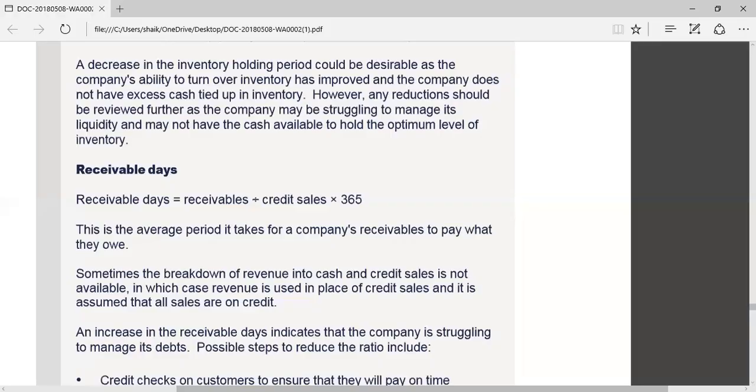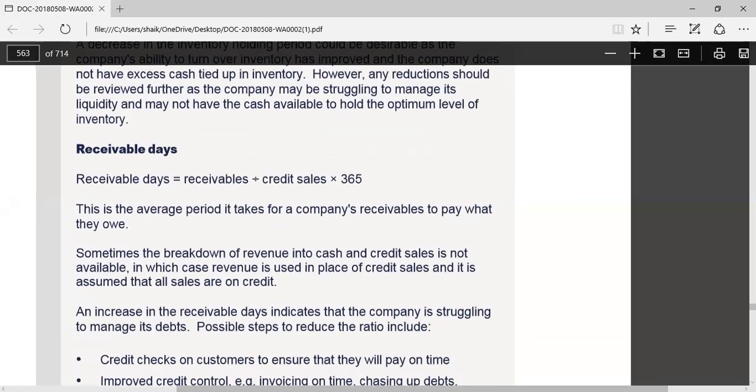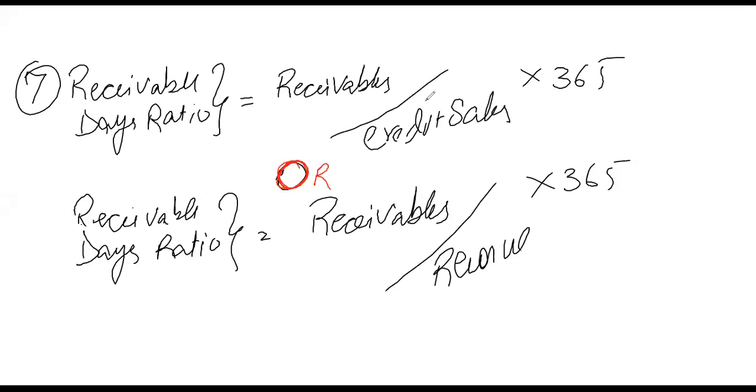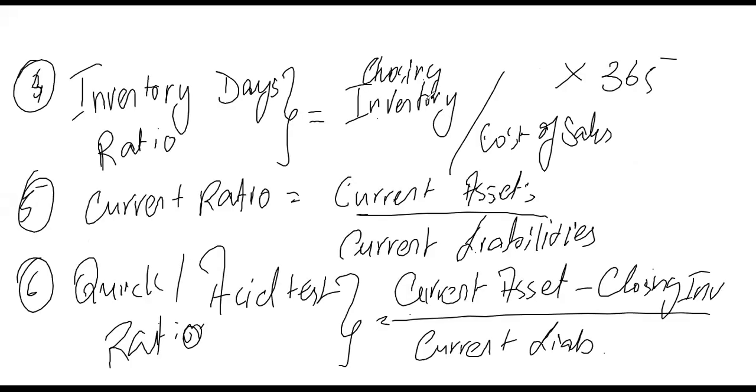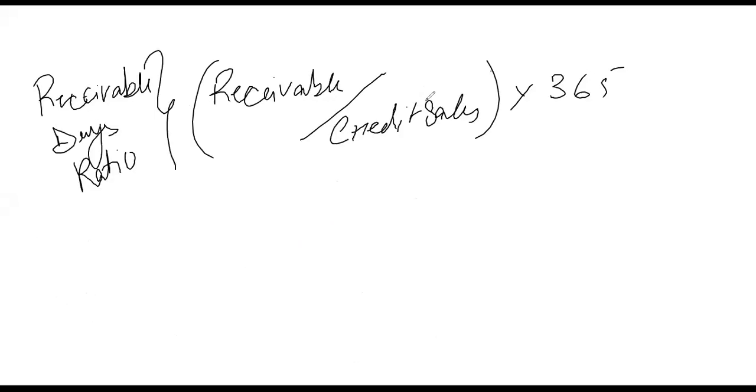Receivable days ratio is the receivables divided by credit sales. And let us draft an example so that we get to know the insight of this formula. Let's suppose in a question we are given the receivables of a company.